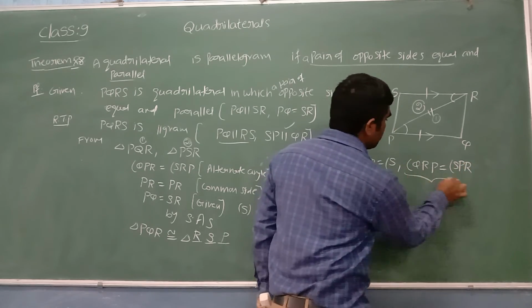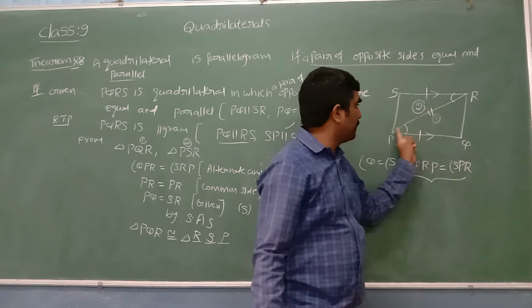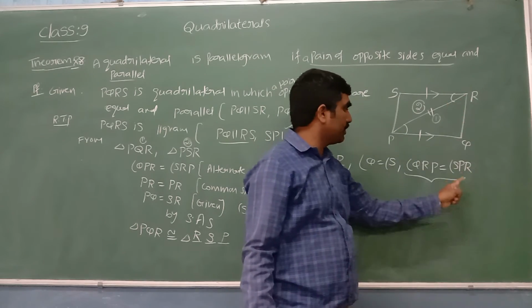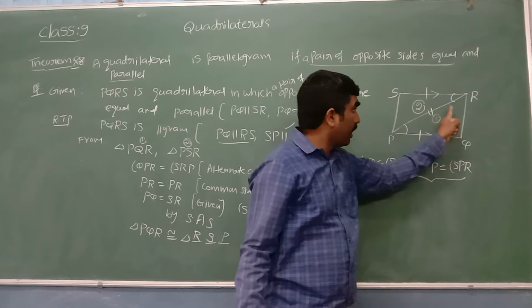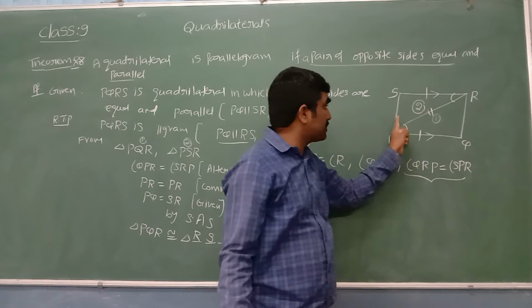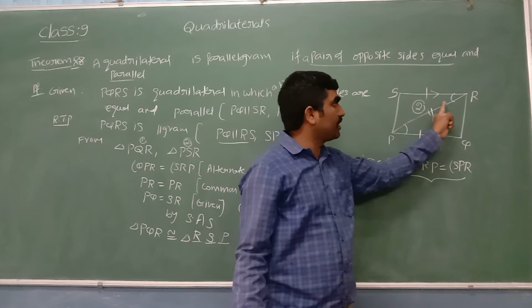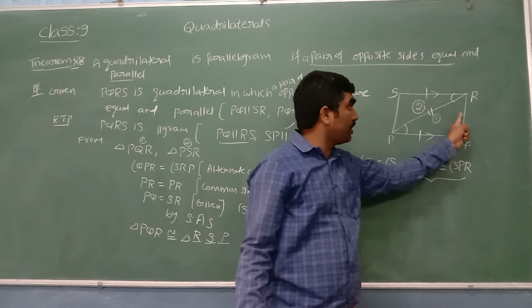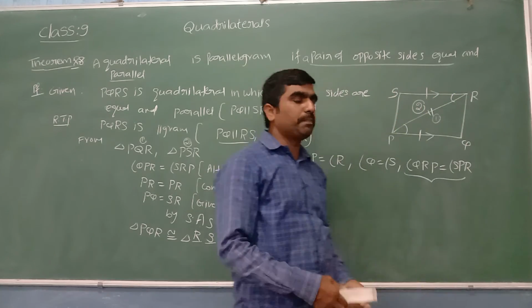Yes, from both of these what we can interpret: this angle QRP is equal to this angle SPR. I proved both these angles are equal. How are these two angles? Sir, those two angles are alternate angles. Once alternate angles are equal, then lines SP and QR are parallel.